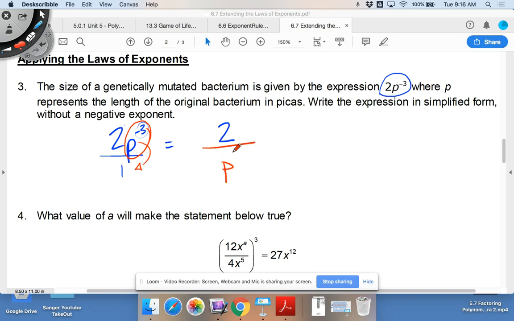So it'll be over p to the third, and it's now a positive exponent. And so this is our answer in simplified form. So even though it was talking all sciencey and scary, not really scary.